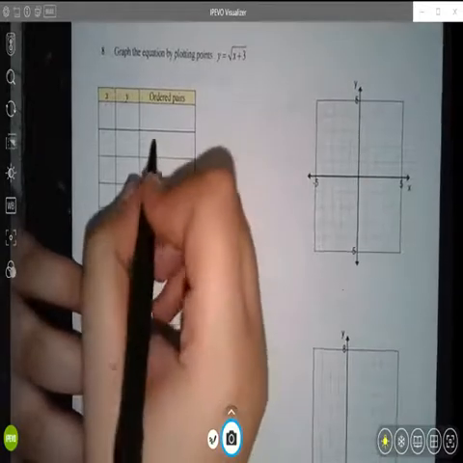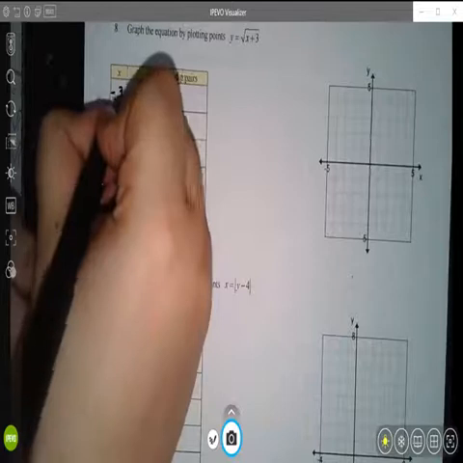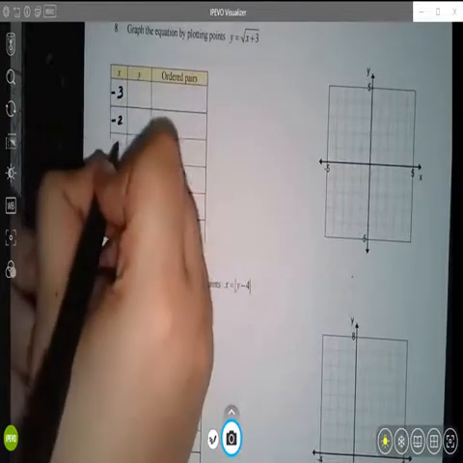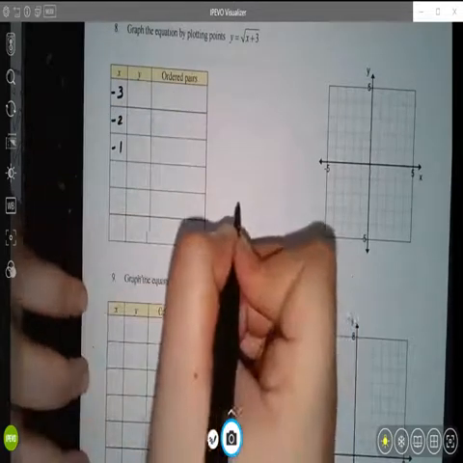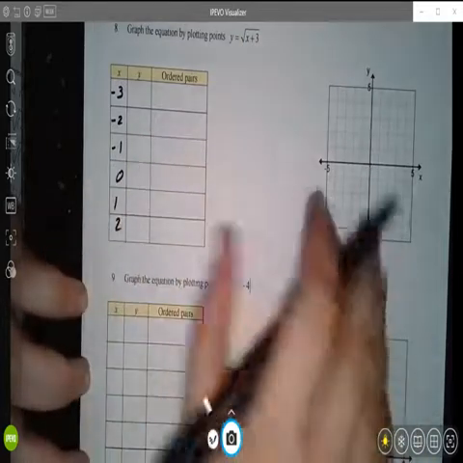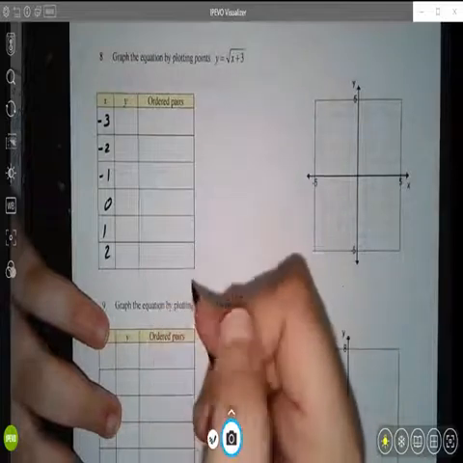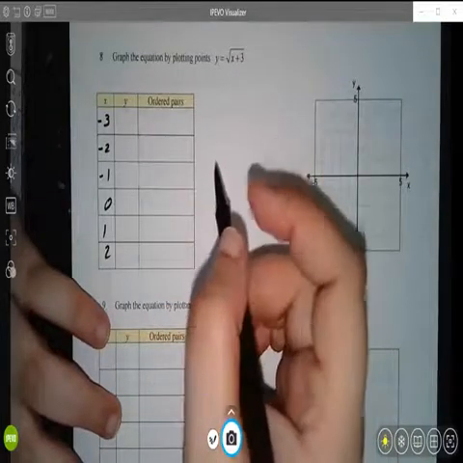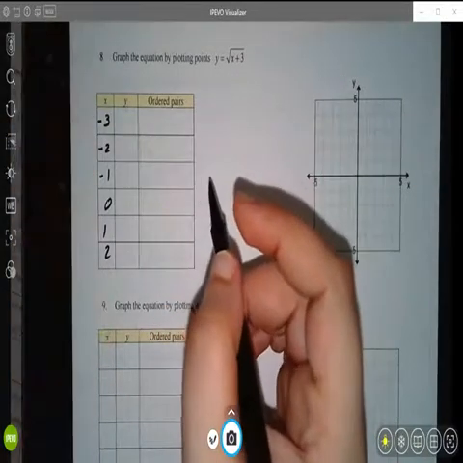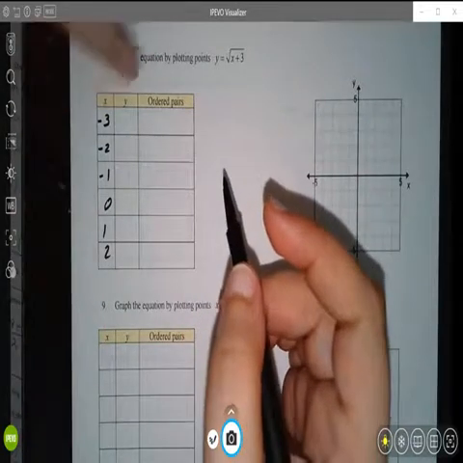Okay? So let's think about that. Now, we'll see. I'm going to go with -3, -2, -1, and then 0, 1, 2. We'll plug those in here, and find the answer. Now, you're free to choose any other values you want, but these are the easiest to plot since they're the simplest.